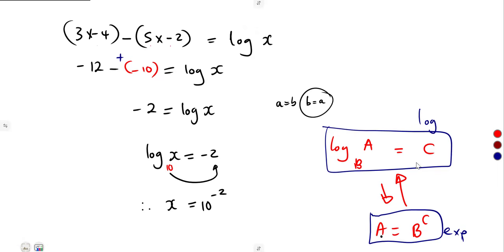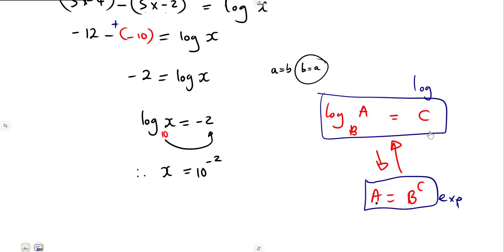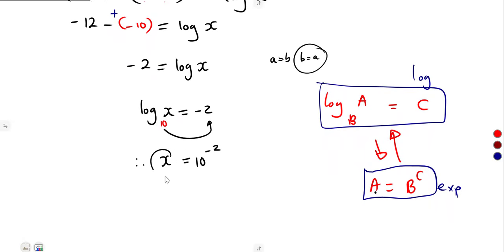Which is easier for us because it gives us the value of x directly. We no longer have a log there. It's A, no log. Here there is a log, and here we do not have a log.